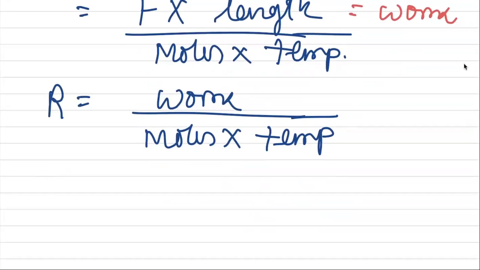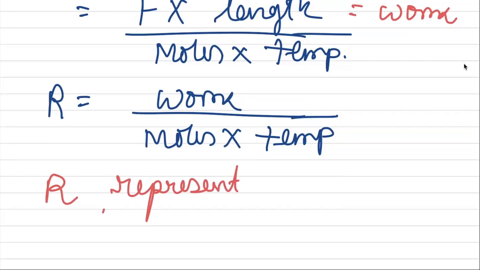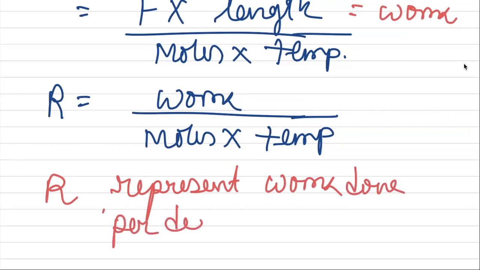So we can say that R represents work done per degree per mole.